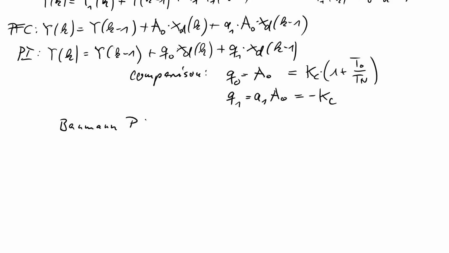Baumann PI. If you look into chapter 6, then you can see Q sub O was Kc and Q sub 1 was Kc multiplied with minus 1 plus dO over Tn. That was the second possible version.